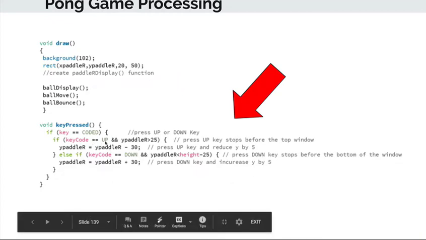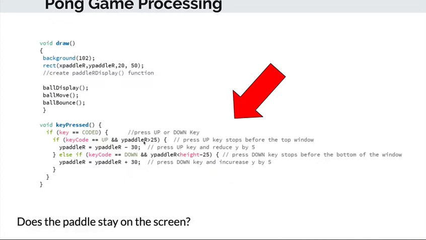If key code is up and paddle Y, paddle R, so the R stands for right paddle, that's what we're moving, and Y is on the Y axis, is greater than 25, then go ahead and subtract 30, otherwise go up 30. Else if, go down 30 by adding 30.